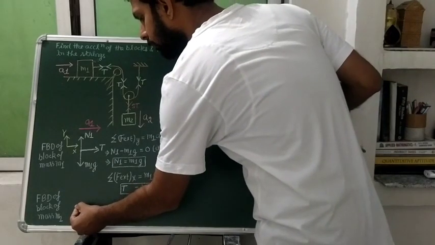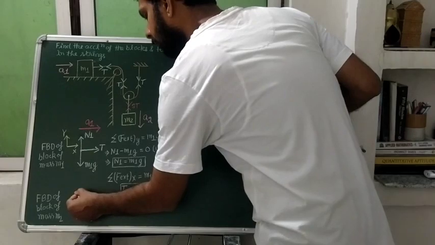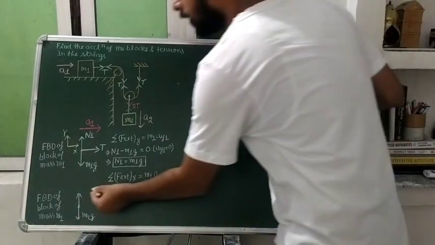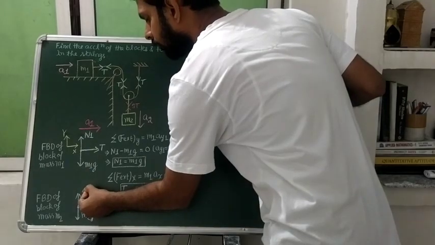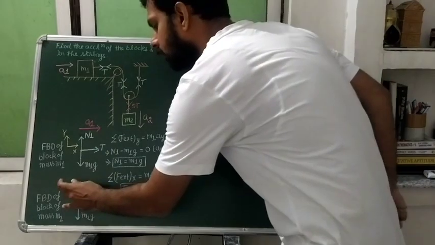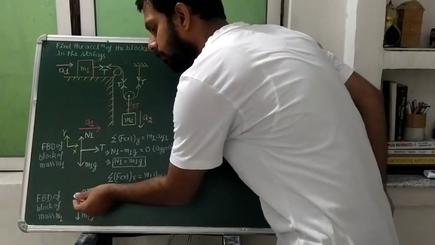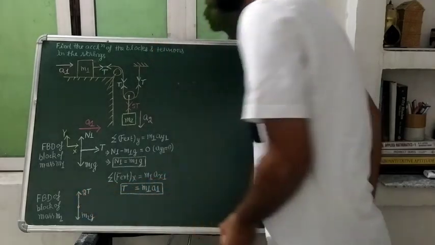And of course, outside there is a tension T present here. Of course, we will say that the lengths of these vectors will not be the same, isn't it? The lengths of these two vectors should not be the same.